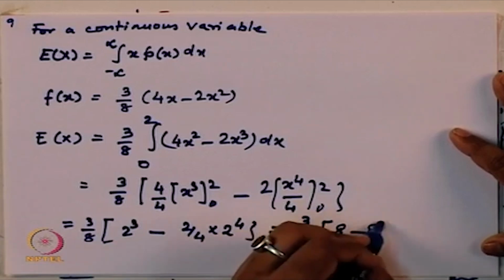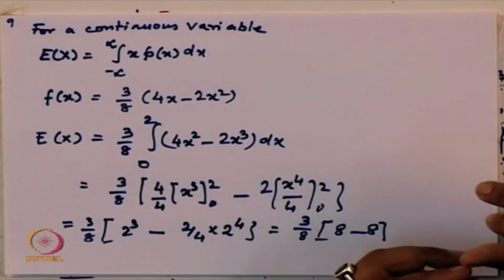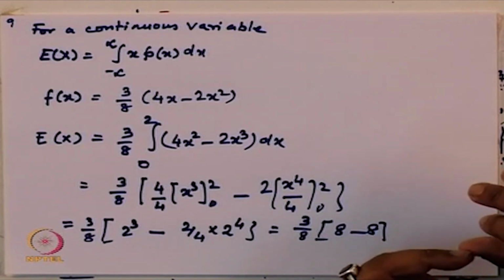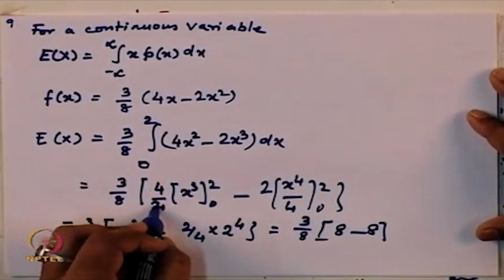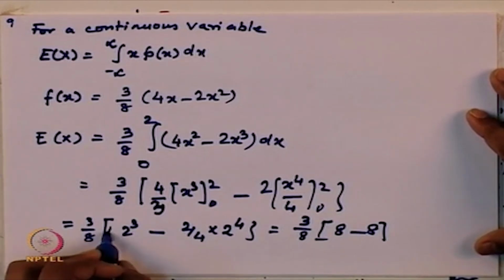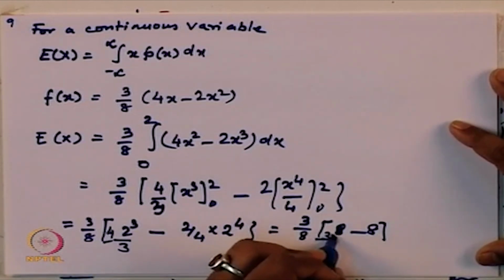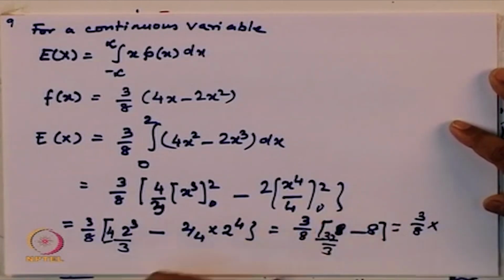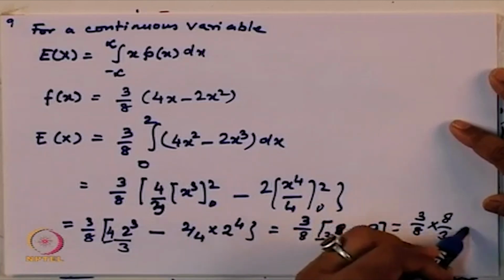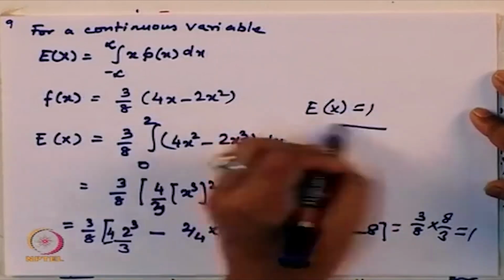Am I doing the right thing? It is x cubed by 3, sorry. So, 4 by 3, this has to be 4 by 3, this is 8. So, basically 8 times 4 is 32 by 3, minus 8, equal to 3 by 8 into 8 by 3, which is equal to 1. So, for this particular distribution, your expected value is 1.